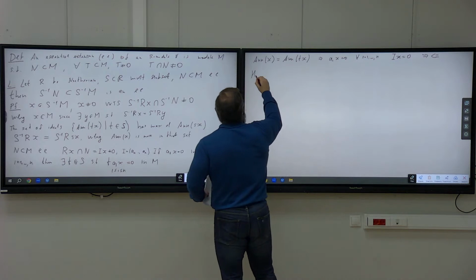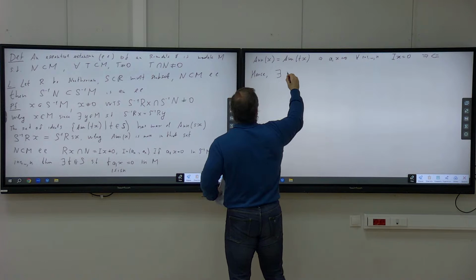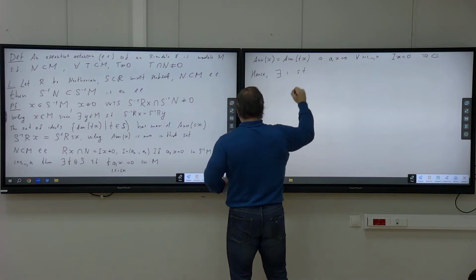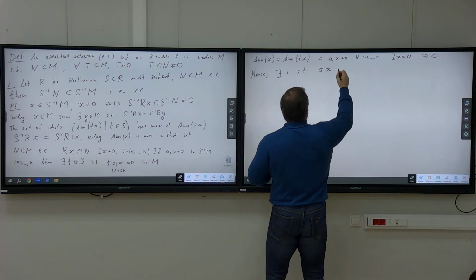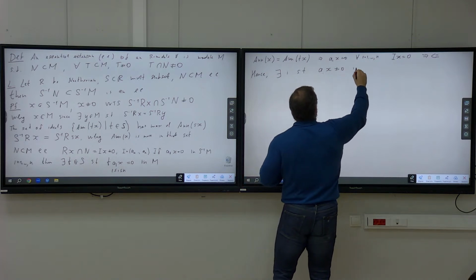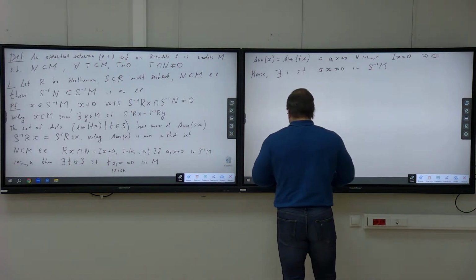Hence, what we can conclude is that there is an index i such that a_i x is not equal to 0 in this localization.